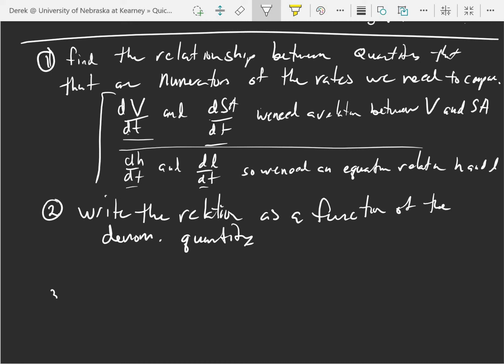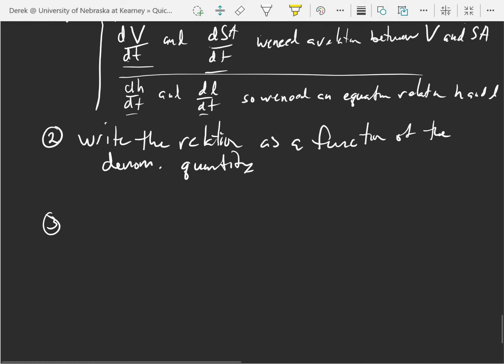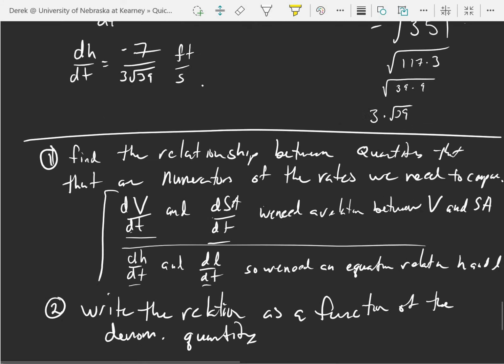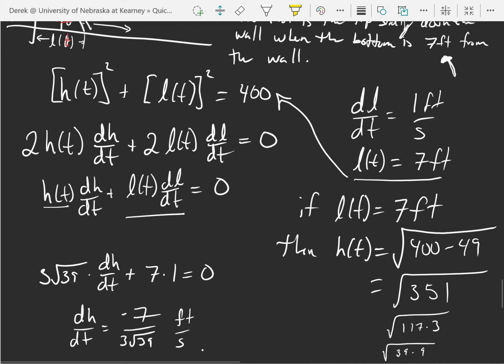And then 3, differentiate using the chain rule. We usually have to use the chain rule because, when we get these relationships, we've written them as functions of time, so the relationship is an equation in the variables that we've now made functions. So we're going to have to use product rules, chain rules, that sort of thing to differentiate them.